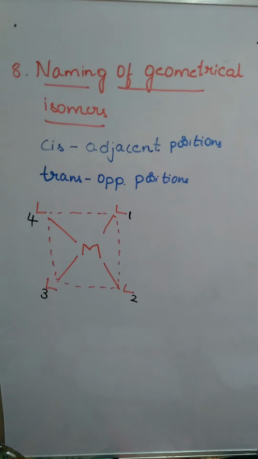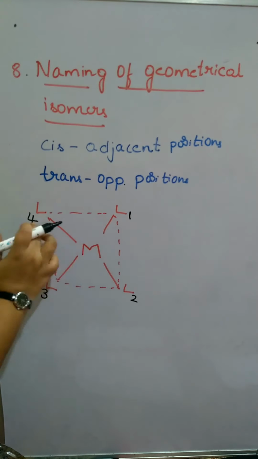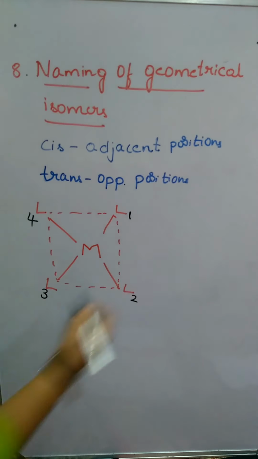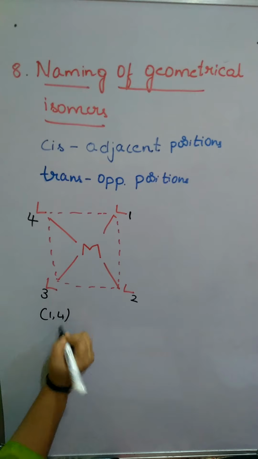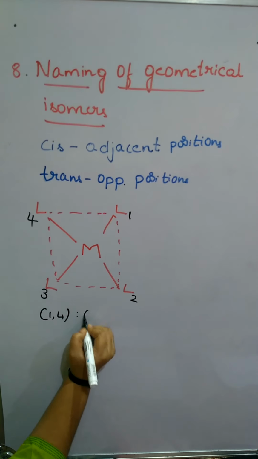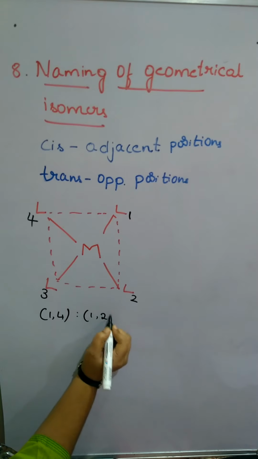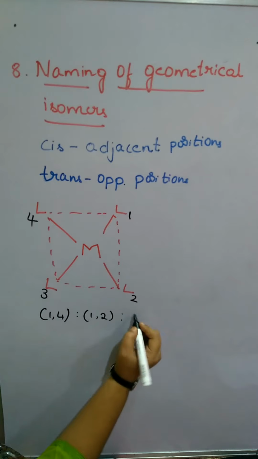So we have named 1, 2, 3, 4. We shall see which will come adjacent and which are cis and which are trans here. So here 1 and 4 are coming adjacent to one another. Next is 1 and 2. Next is 2 and 3.